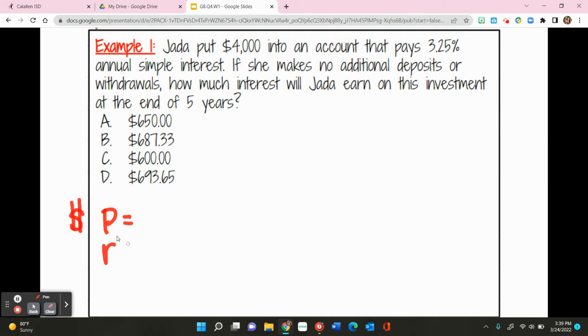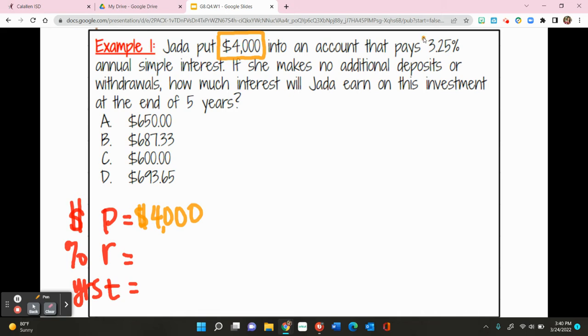We want to identify the rate, which is the percent. We want to identify the time, which always has to be in years. So in the problem, she took out $4,000. This is our principal amount.